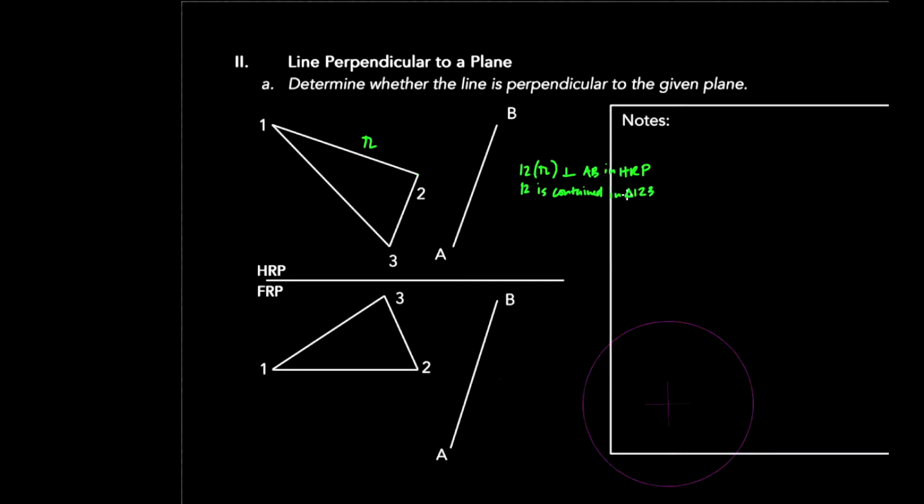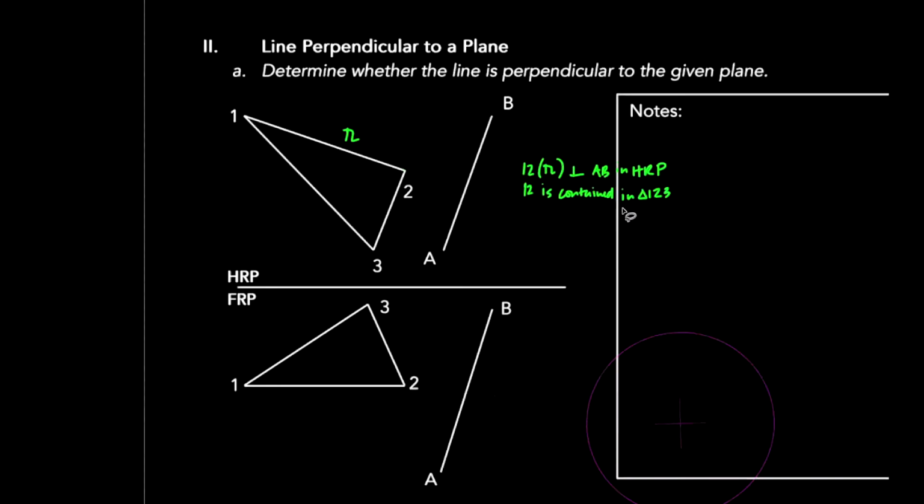So minsan ito yung symbol natin for plane 1, 2, 3, no? Let me move this, para mas malinaw ba 'yan? Ito na lang. So 1, 2 is contained in plane 1, 2, 3, and therefore plane 1, 2, 3 is perpendicular to AB. Sometimes hindi na sinusulat tong second part, no?